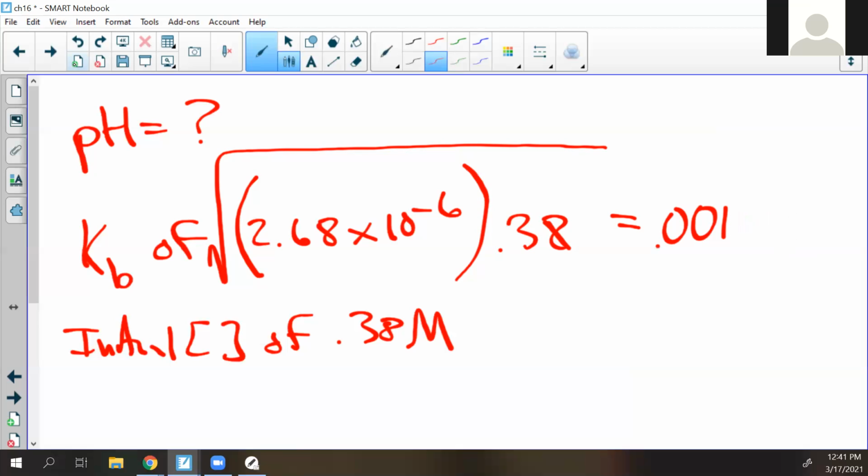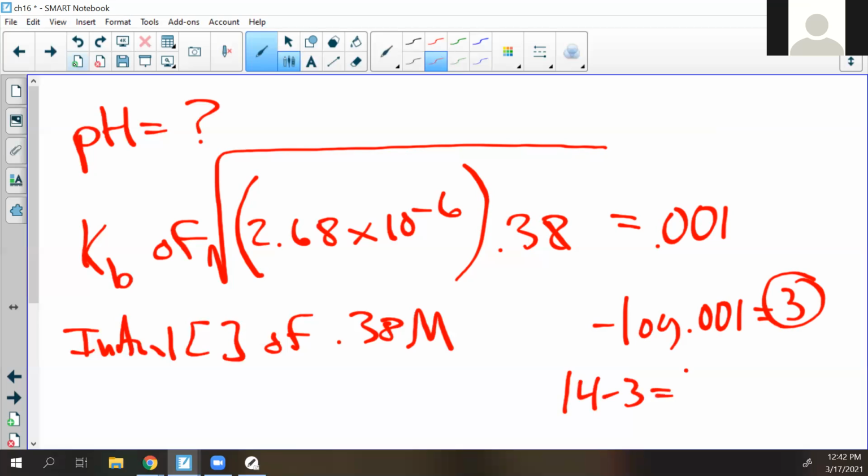Okay, well, that's convenient then. What do you do with this number? You take the negative log of 0.001, which is, I'm going to say 3 because I'm lazy. All right, it's a 3. And then what do I do with this number? Actually, it's not. You're right. I apologize. There you go. Better?